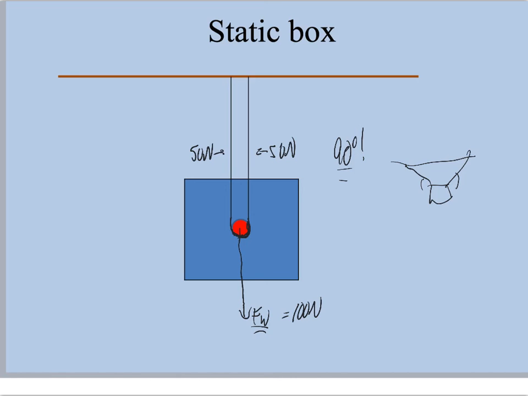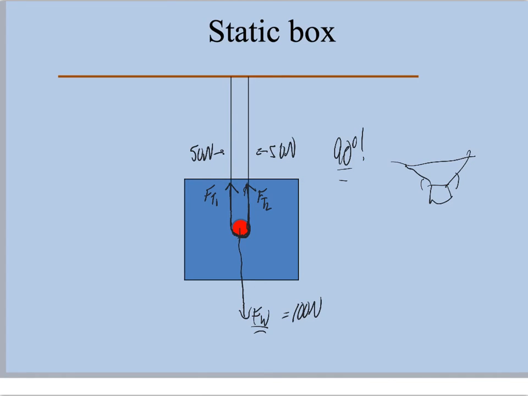So if I'm going to draw the tension vectors, I'm going to draw them straight up away from the weight. But because they're the same value, I'm going to try and draw them the same length. And then I would label them FT. Maybe label this one FT1 and this one FT2. But they would both be the same.